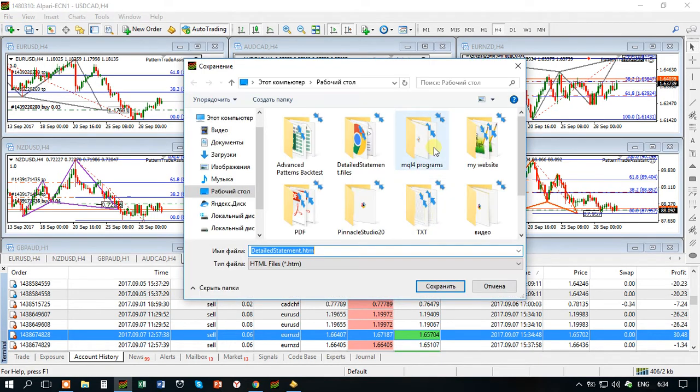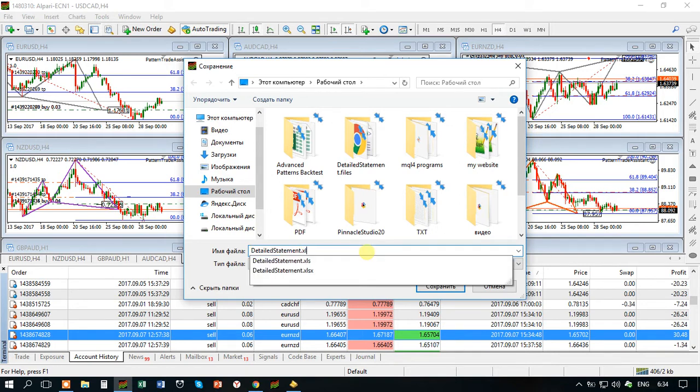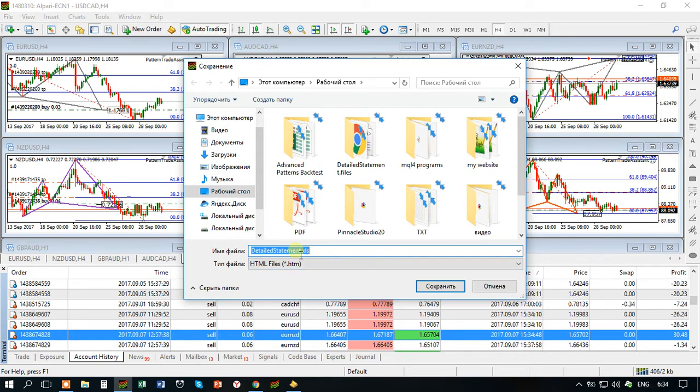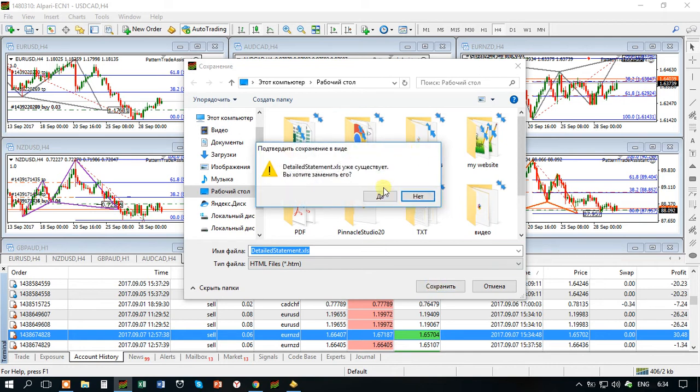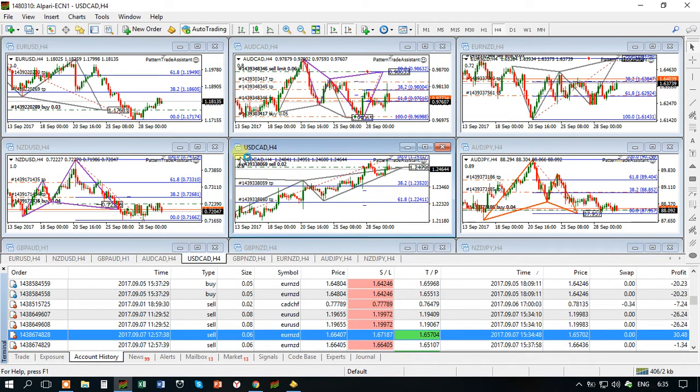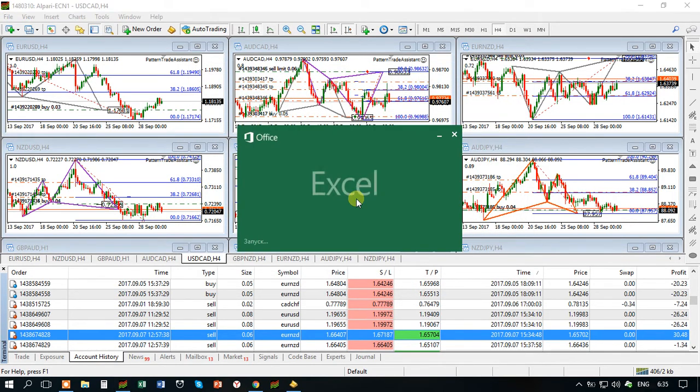Still, it is continuous testing. To give you the precise numbers, I will save it as XLS, detailed statement XLS, and then I will replace the existing one. I will do some editing and manipulations.